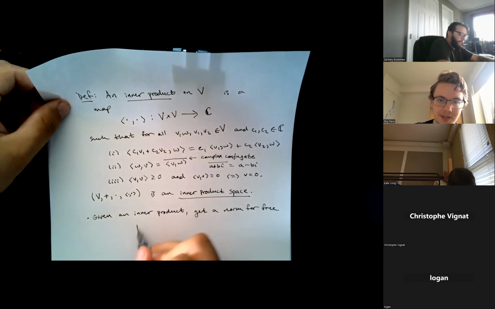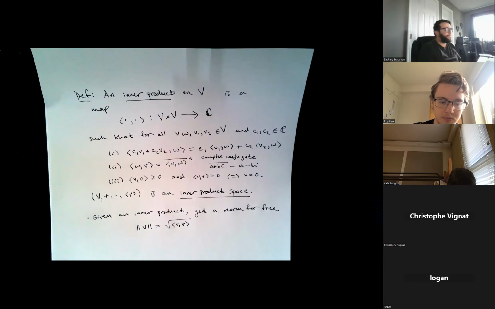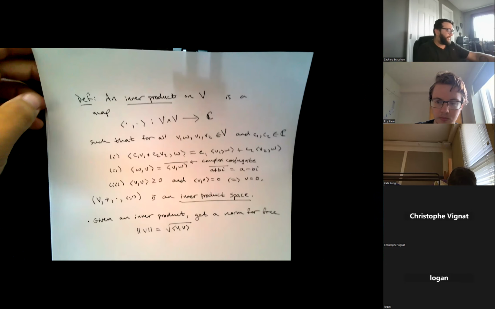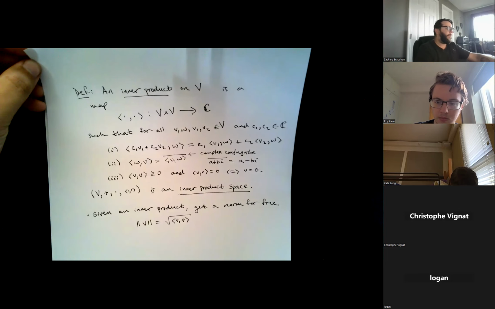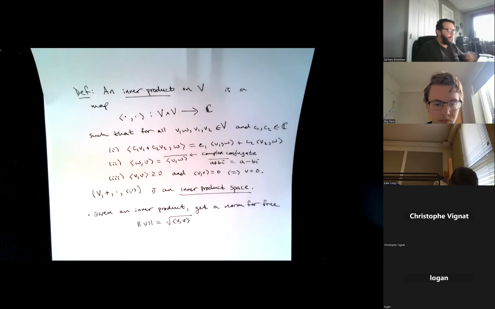So the norm of v would be the square root of the inner product of v with itself. The other way is not true in general. You have to satisfy what's called the parallelogram law in order for it to hold. But if we need that later on, I'll talk about it.